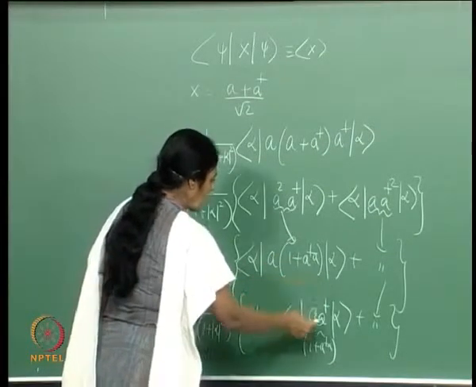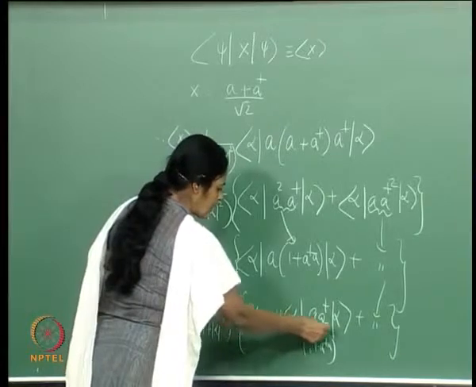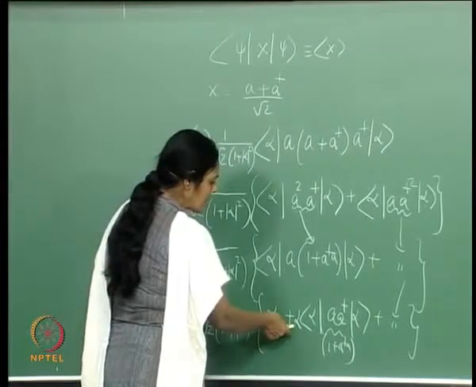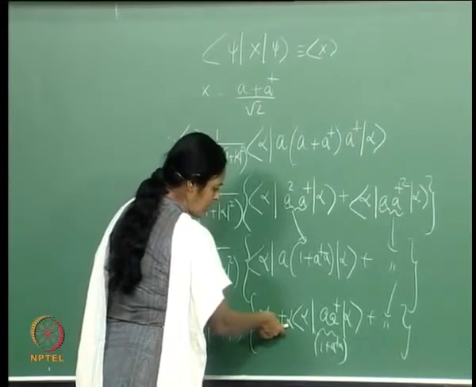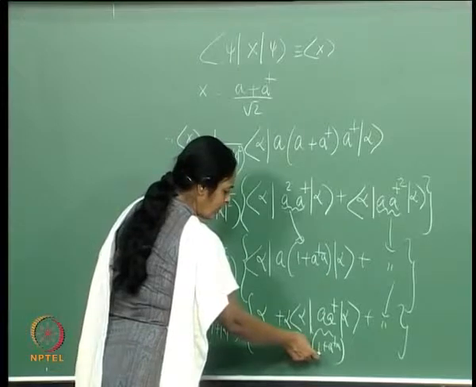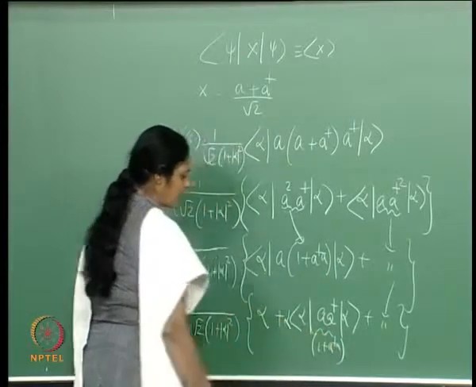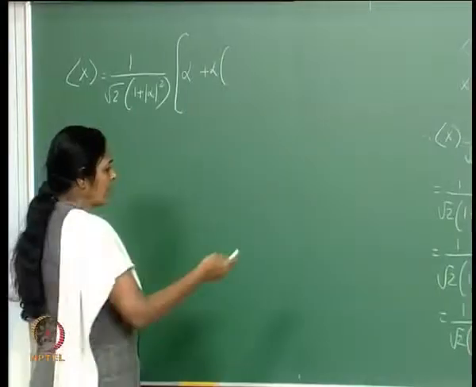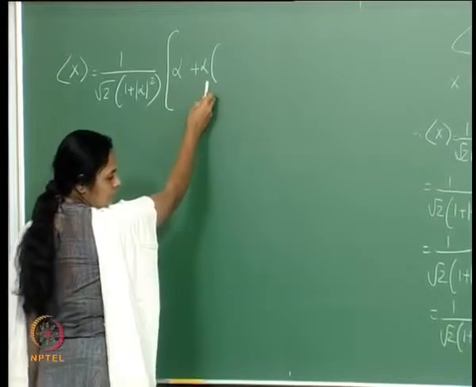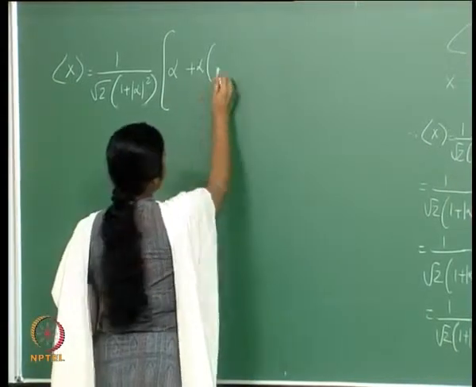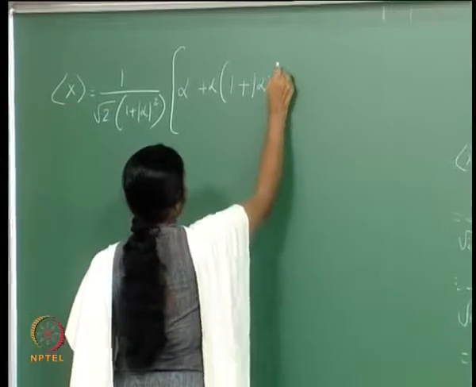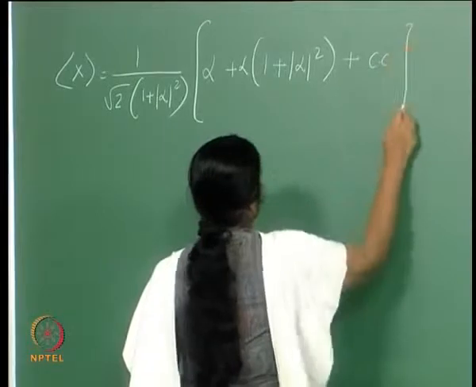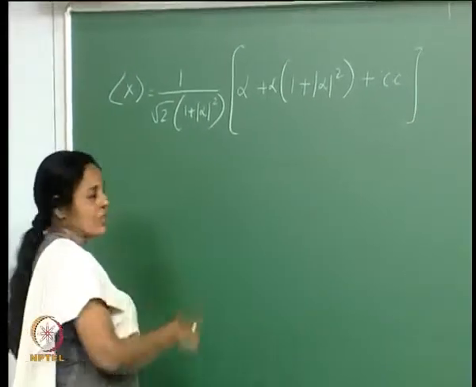So, I just have to look at this operator and what it gives me. So, the first term gives me an alpha times a 1 plus mod alpha squared. And so, I have alpha from the first term plus alpha times 1 plus mod alpha squared, and then of course, its complex conjugate that came from the second term.